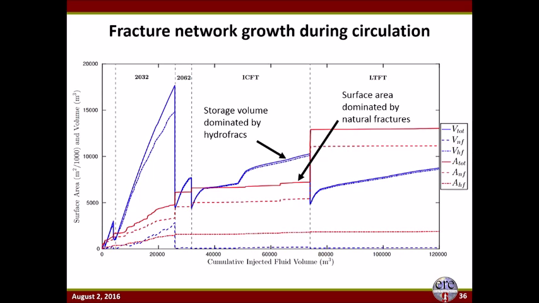The storage volume was dominated by the hydraulic fractures, but the surface area was dominated by the natural fractures. Sorry, I had that in reverse earlier. And that can have really significant consequences when thinking about how to design a reservoir engineering strategy for operating an EGS reservoir.